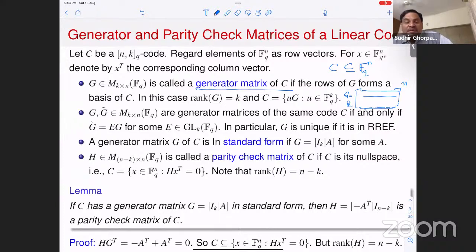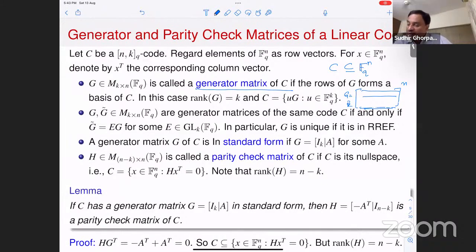Because your code has dimension k, the rank of this matrix will be k, and C will be the set of row vectors u times this matrix G, as u runs over arbitrary elements of F_q to the k. It is customary in coding theory to think of vectors as row vectors rather than column vectors.